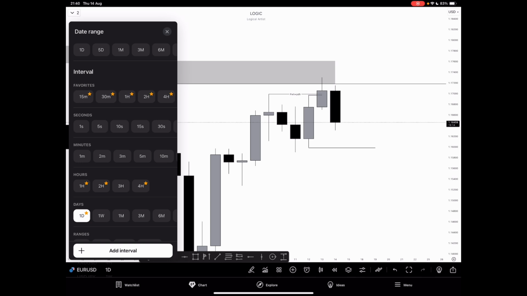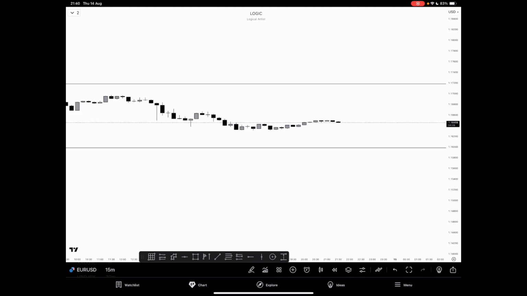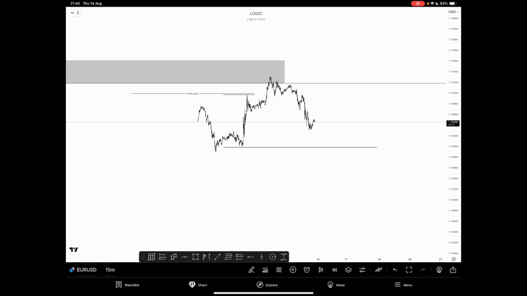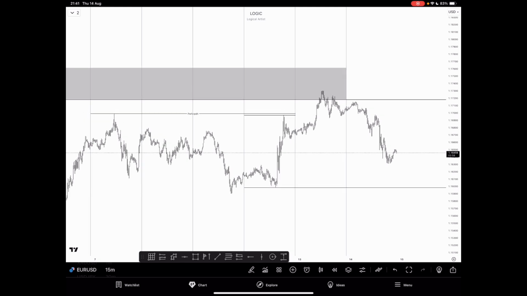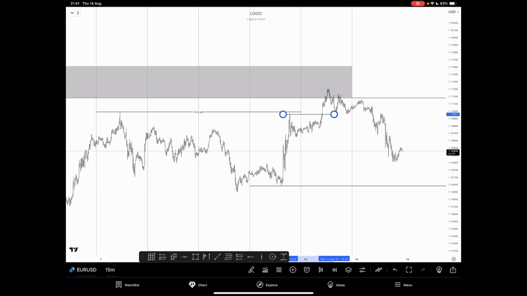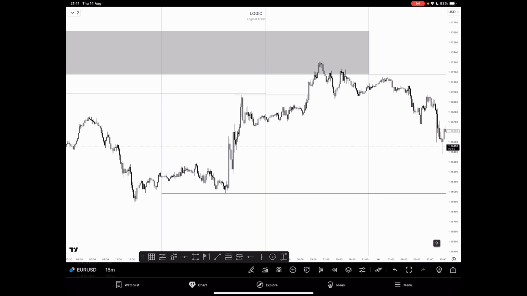So let's go to the 15 minutes time frame to observe the kind of reaction that happened at that spot. So what can we observe? After price took out this previous day high, we will be reading the internal structure that was formed before price got to that high.